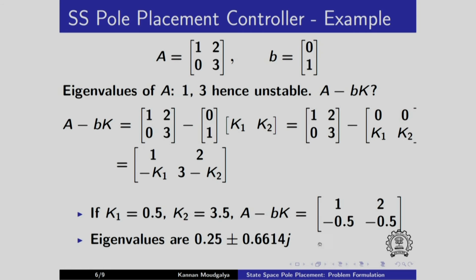You can verify that the eigenvalues of this matrix are given by this expression, the magnitude of which is 0.7071, which is less than 1, and hence this system is stable. A minus bk has eigenvalues inside the unit circle, and hence this is stable, whereas the original A matrix is unstable.